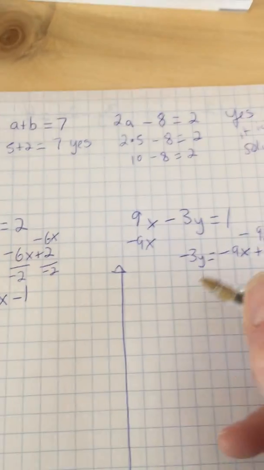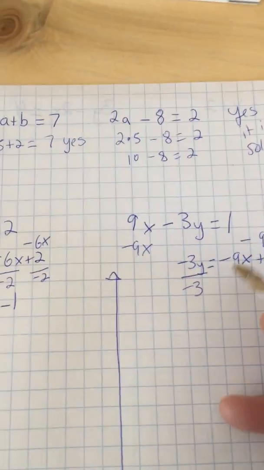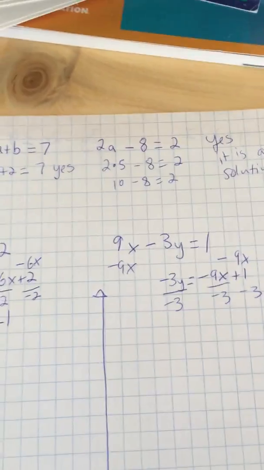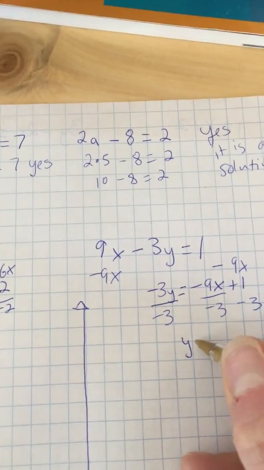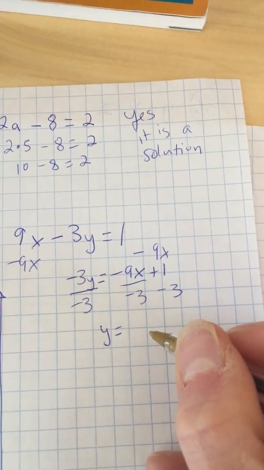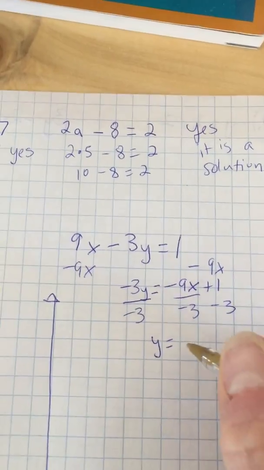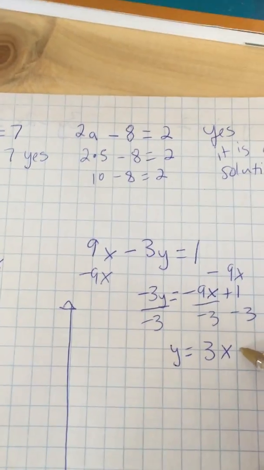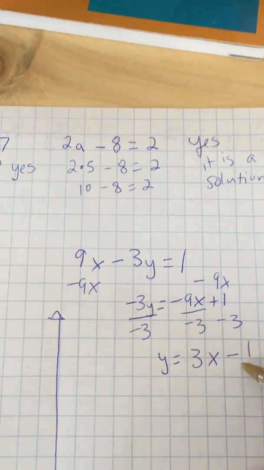And so now I need to divide by negative 3, divide by negative 3, divide by negative 3. And what I have is the y alone. And then here you got the negative and the negative, so it's going to be a positive 3x, and then it's going to leave you with a take away 1/3. So that was my big problem I had to call you about.